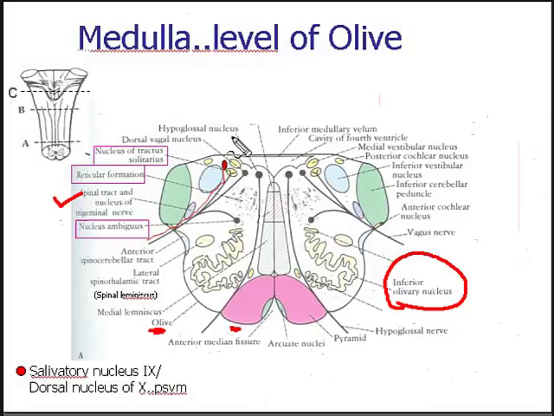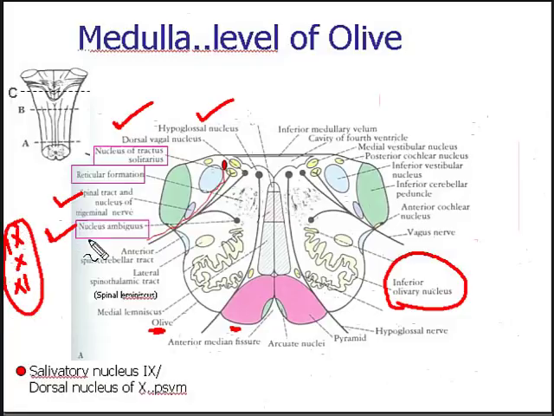Then we see the nucleus of the vagus. So here we see the nucleus of the vagus, because at that point the 10th cranial nerve also comes out, and that's known as the dorsal nucleus of the vagus. And we see another nucleus which is really a combination of the 9th, 10th and 11th. So this nucleus is known as the nucleus ambiguus, and it gives rise to fibers.